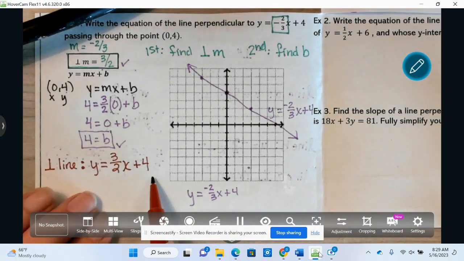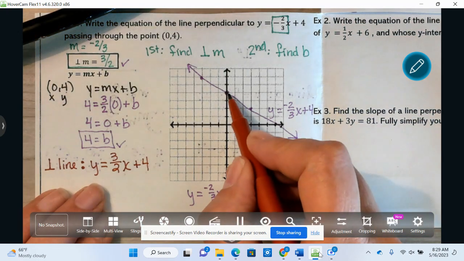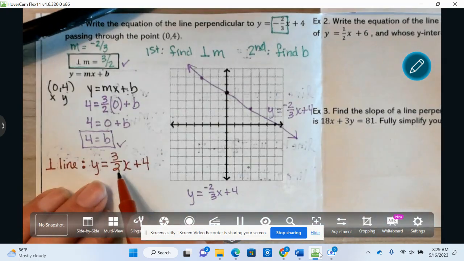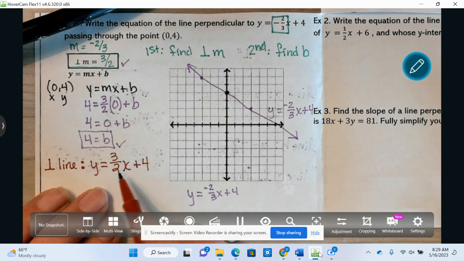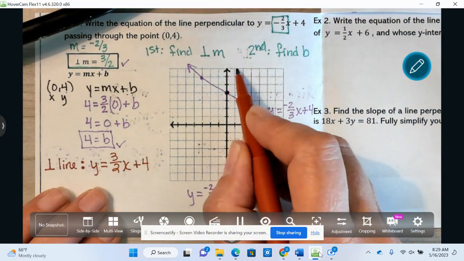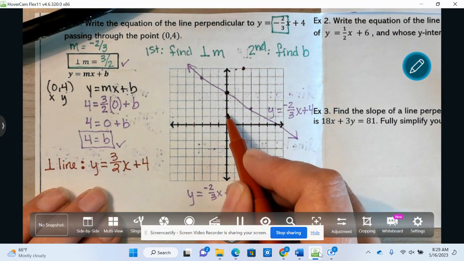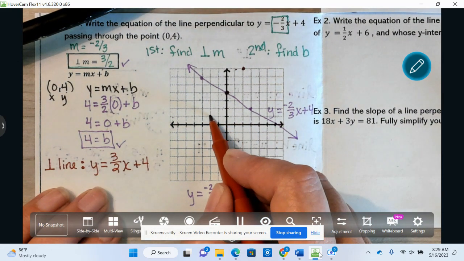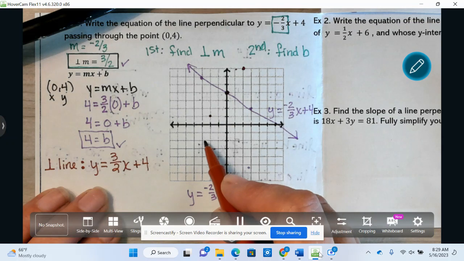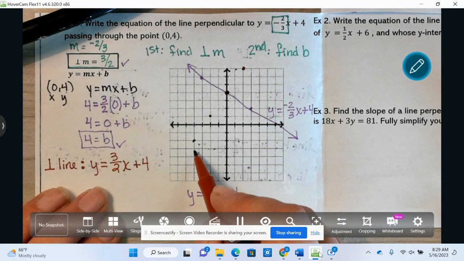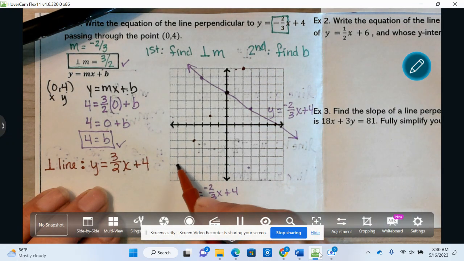Where am I going to begin? Yeah, I begin at positive 4. And this one has a slope of 3 halves, or up 3 over 2. I could also go down 3 and to the left 2.